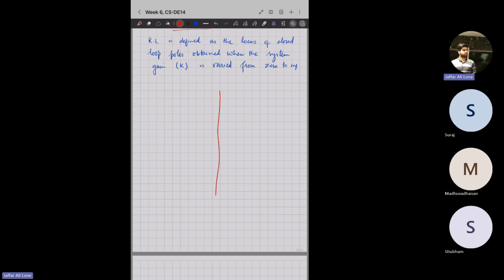First, let's make the XY plane. This is my sigma, this is my j omega. That's what we see in the S plane. This is my first quadrant, second quadrant, third quadrant, and fourth quadrant.